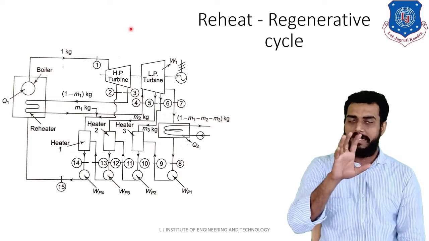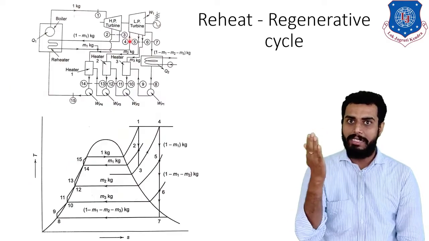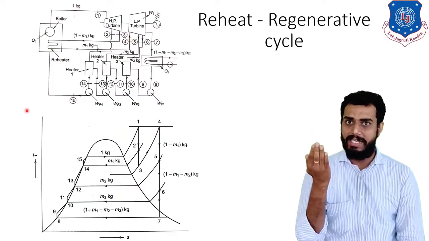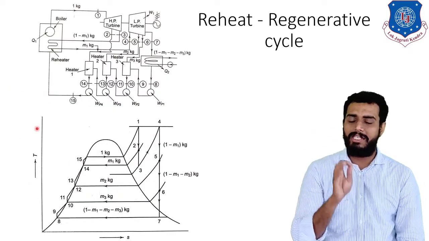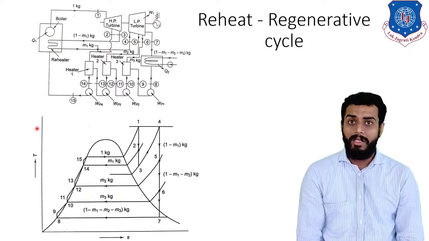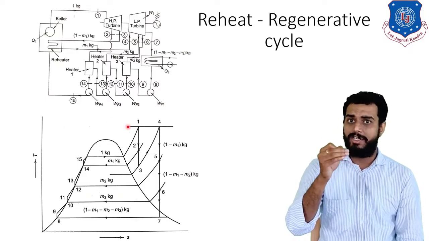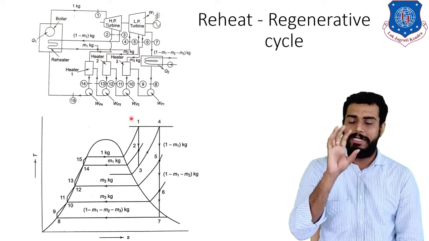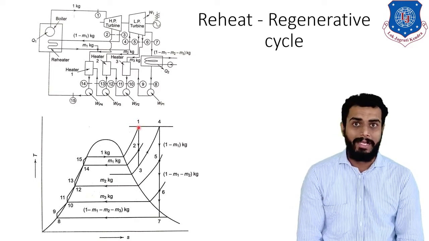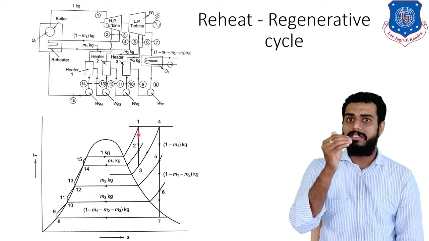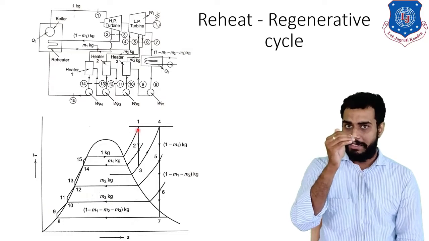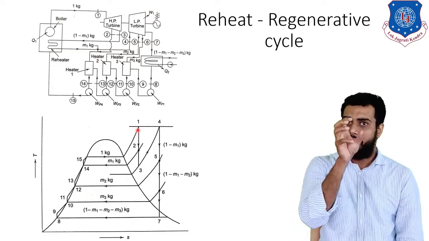So for understanding the TS diagram, we will simultaneously check the block diagram and TS diagram on the screen. So as you can see, we will start from point number 1, that is the inlet of high pressure turbine, and you have superheated steam at the inlet of high pressure turbine. So this high pressure steam will be expanded in the high pressure turbine. So what will happen?